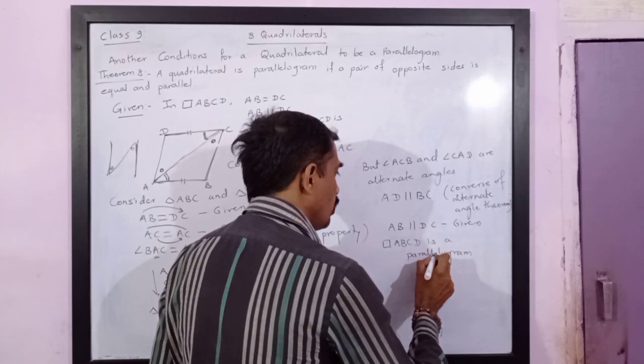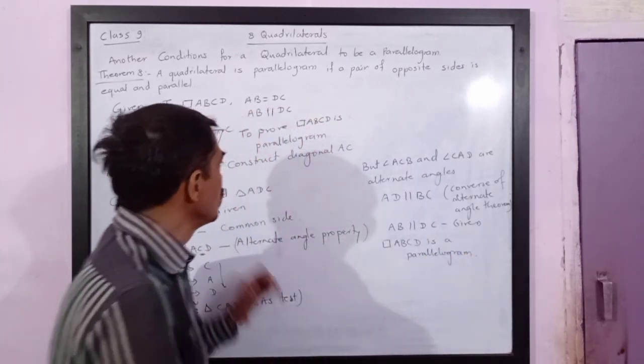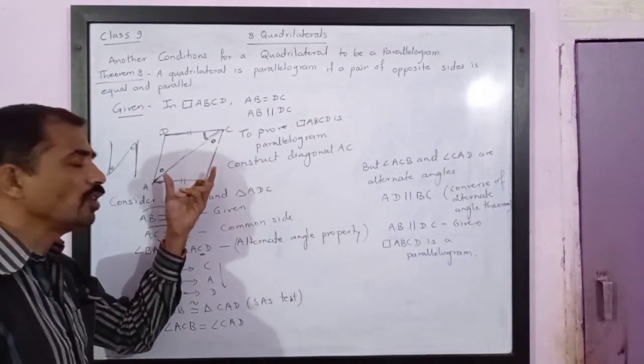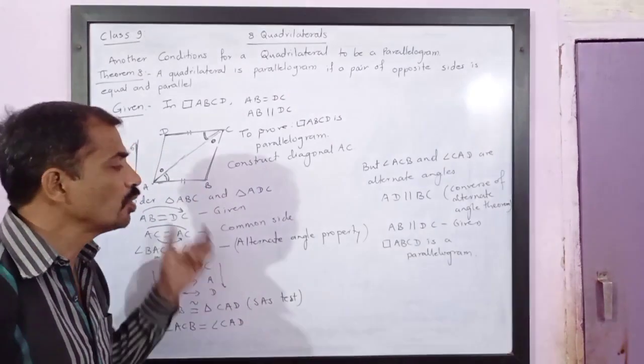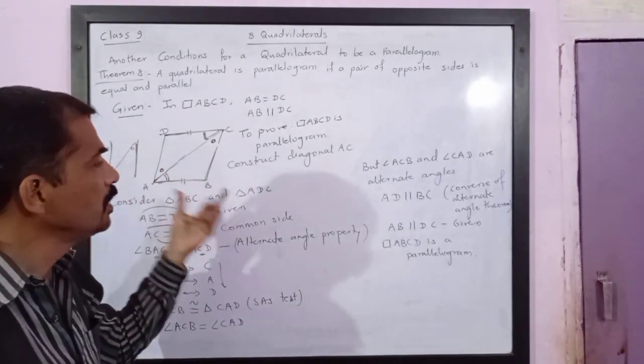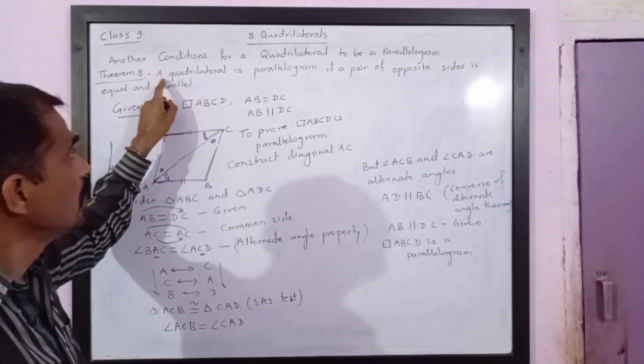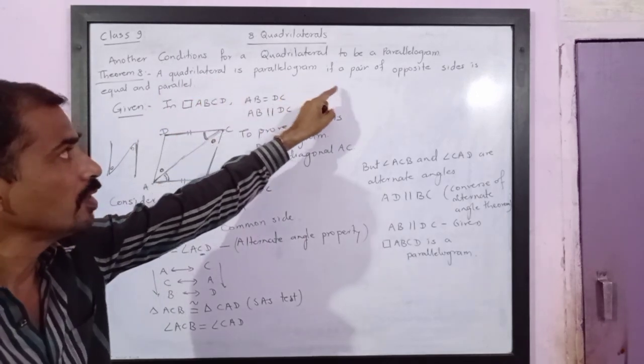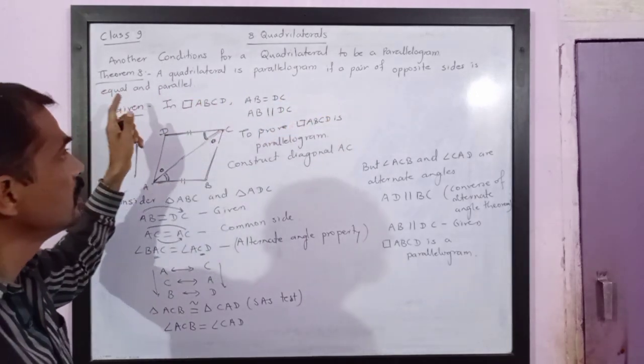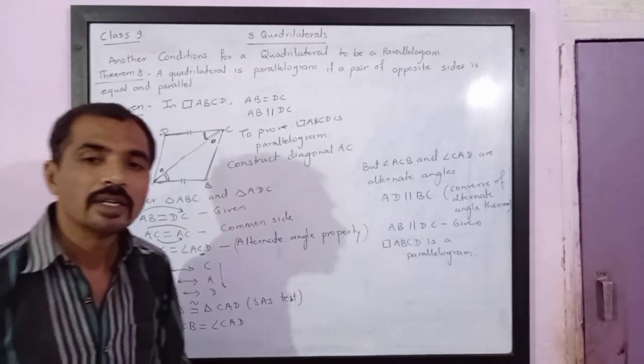Please note here, we were given only one pair of sides congruent as well as parallel, and we have proved that the other pair of sides also becomes parallel. It means a quadrilateral is a parallelogram if a pair of opposite sides is equal and parallel.